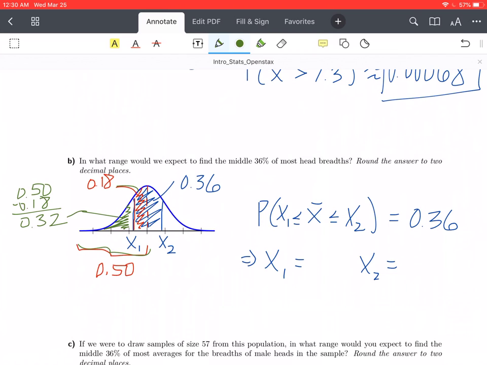So when we're looking for the probability that x bar is less than x1 being 32%, that's going to give us the x1 value.